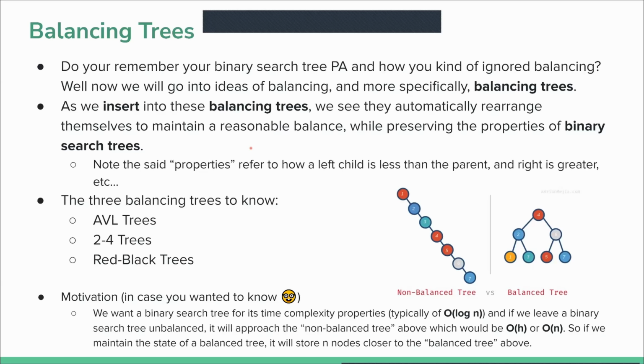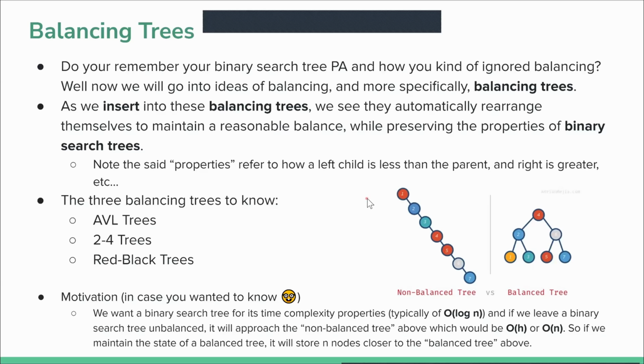As we insert into these balancing trees, they will rearrange themselves to maintain a balance. The point of that is that we will maintain the properties of binary search trees: a left child is less than the parent and the right child is greater, and so on and so forth.